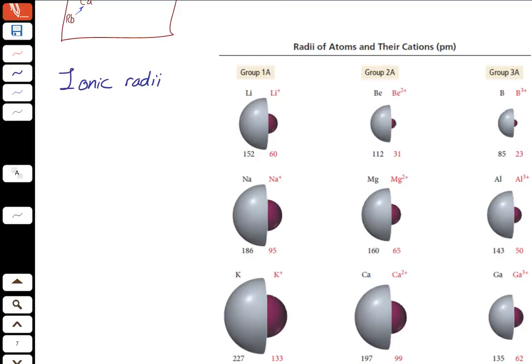If they all have the same electron configuration, why do the ionic radii go down? Going from what? There's more protons, right? So the higher the charge on the ion, the smaller it's going to get because you've got a greater effective nuclear charge pulling those electrons in. So the same number of electrons, but the effective nuclear charge is greater, and so the radius ends up being smaller.